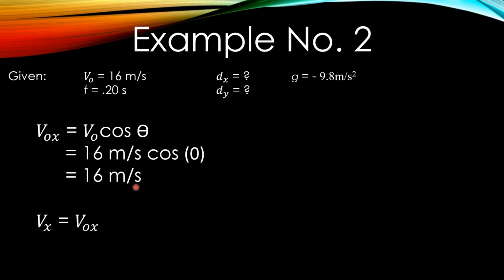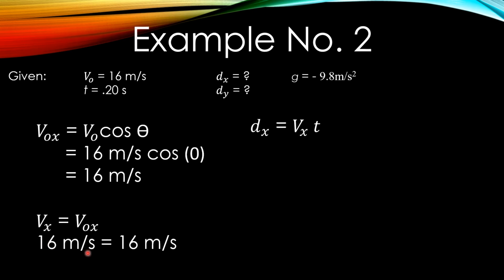Now, take note that instantaneous horizontal velocity is equal to initial horizontal velocity. So, if we have 16 meter per second as our initial horizontal velocity, then the instantaneous horizontal velocity will also be 16 meter per second.